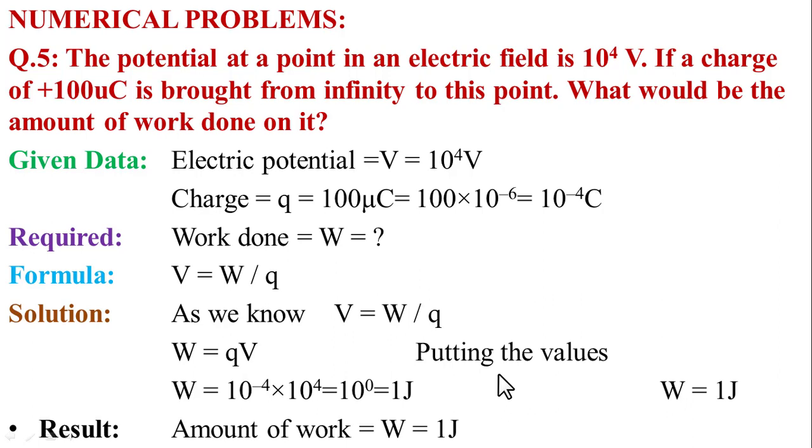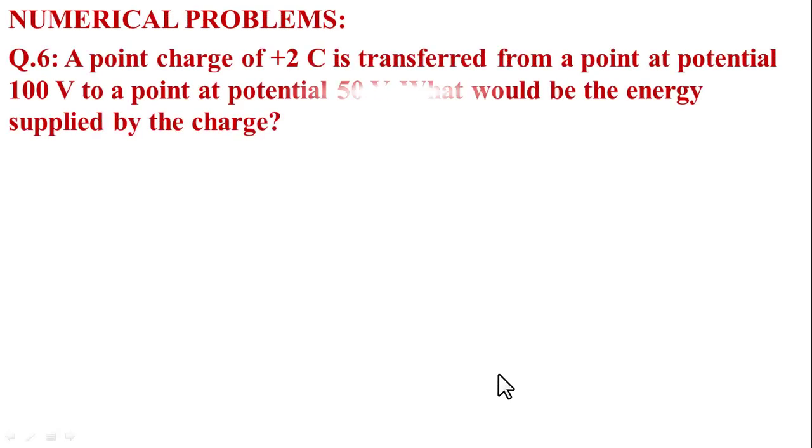Now the next numerical question, number 6. Given statement: a point charge of positive 2 coulomb is transferred from a point at a potential of 100 volt to a point at a potential of 50 volt. What would be the energy supplied by the charge?